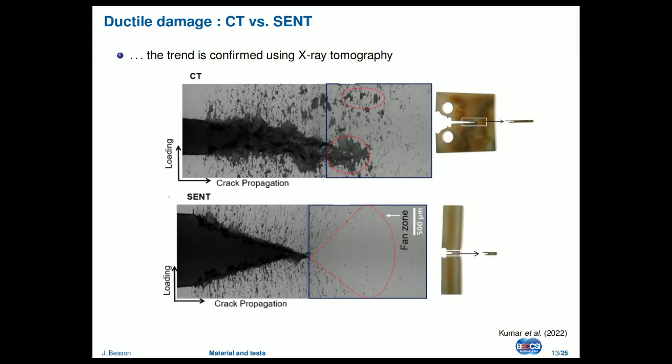And the one below is the damage you have at the crack tip in the SENT specimen. And you see it's very different. You have much larger voids in the CT, much finer voids in the SENT. Something which is very funny in the SENT is that there's no real damage right ahead of the crack tip. There's something like a fan where there is no damage. So we need to model that.